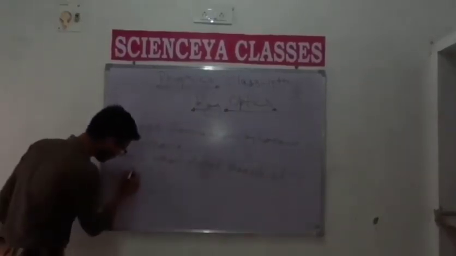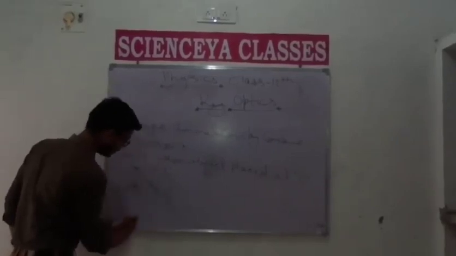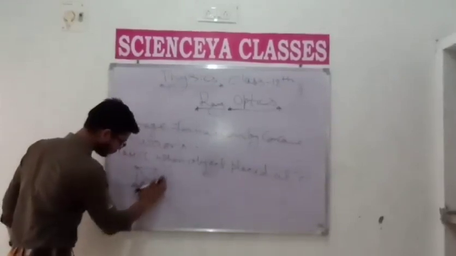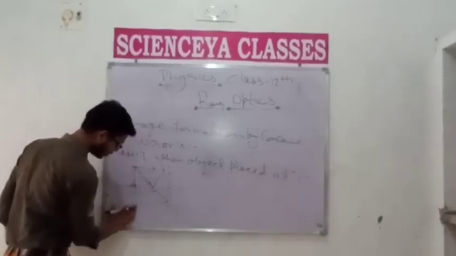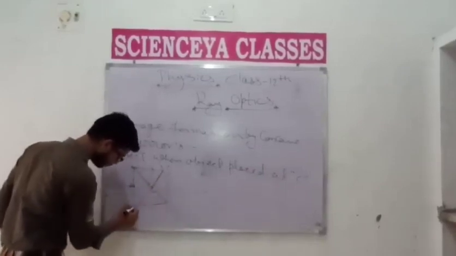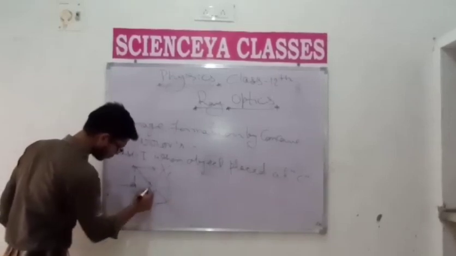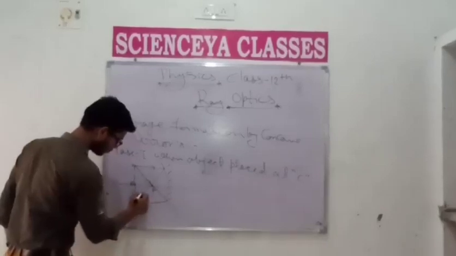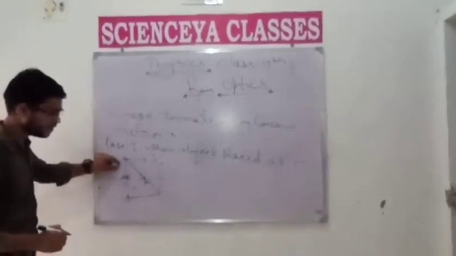Let us now see it. Suppose any other ray passing through focus, after reflection, it must be parallel to principal axis. Okay, student? This A dash B dash is the image of object AB.